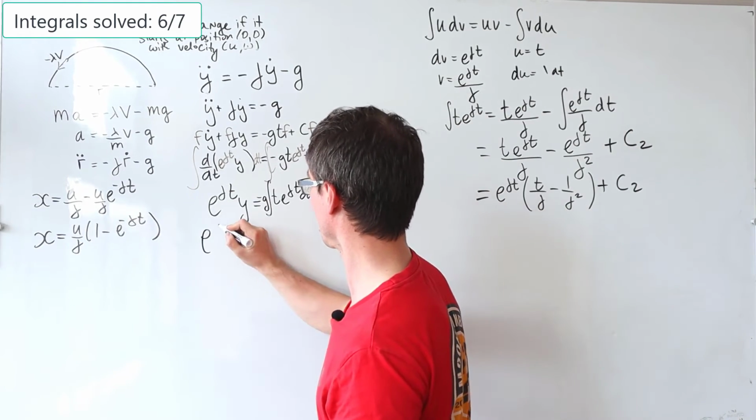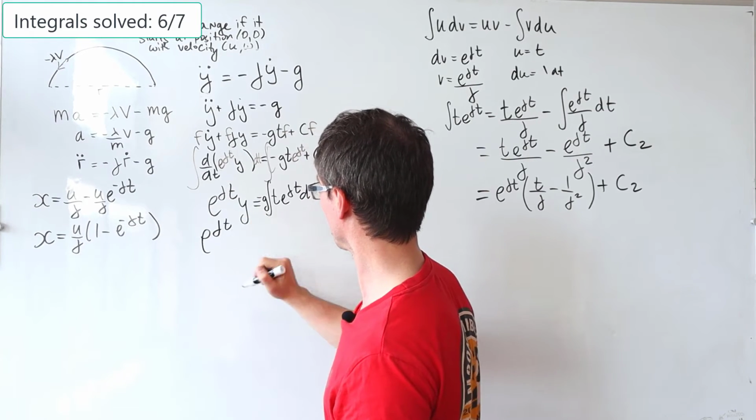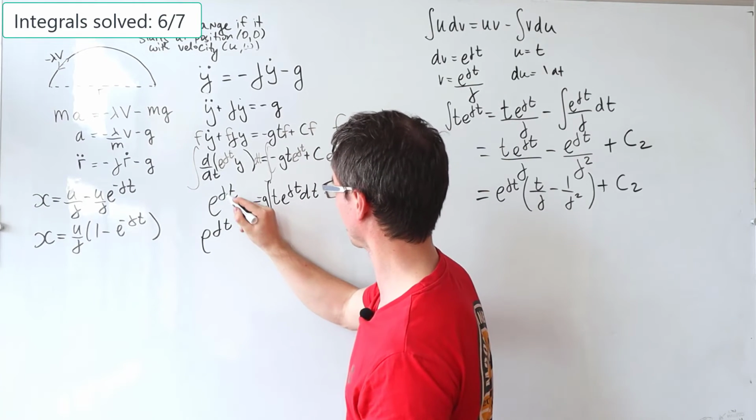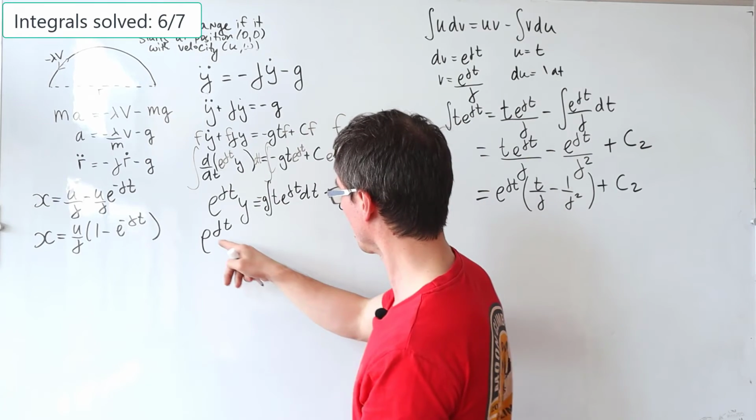So what I get is e to the gamma t. Ooh, my gamma kind of looks like an alpha here. Sorry about that.